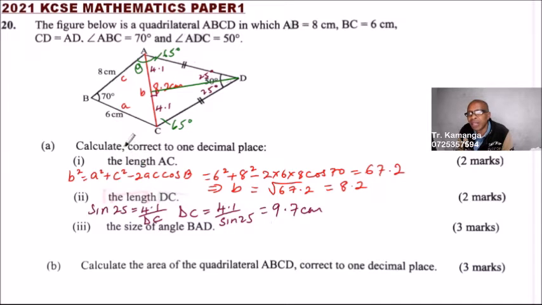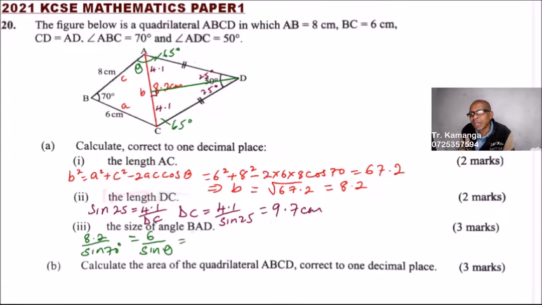We use the sine rule. We have 6 here and theta, and we have 8.2 and 70. So we say 8.2 divided by the sine of 70 degrees is equal to 6 divided by the sine of theta.